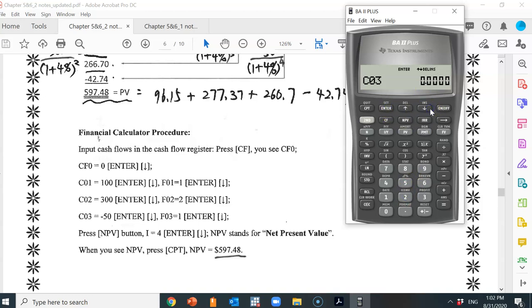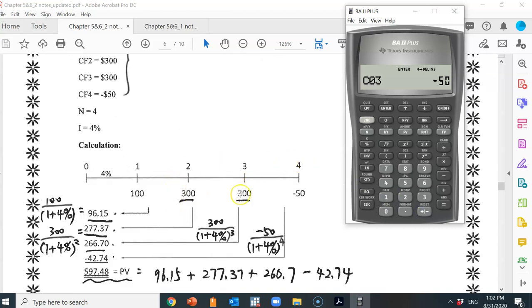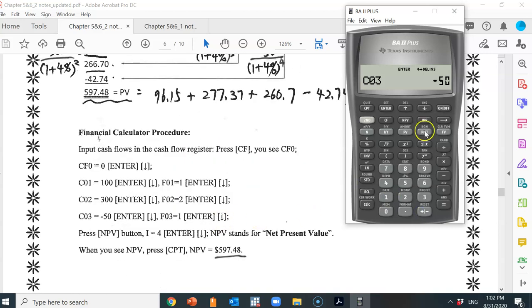Down button. The third cash flow group here should be negative 50 now, because we already input two 300s. So now the third group of cash flow is negative 50. Enter. Down button. Frequency 1. Enter. Okay, and I would also press the down button to check. There's nothing as cash flow 4.